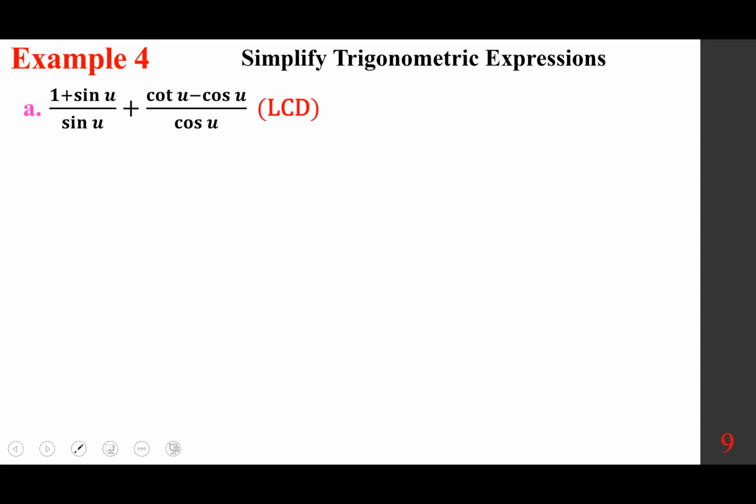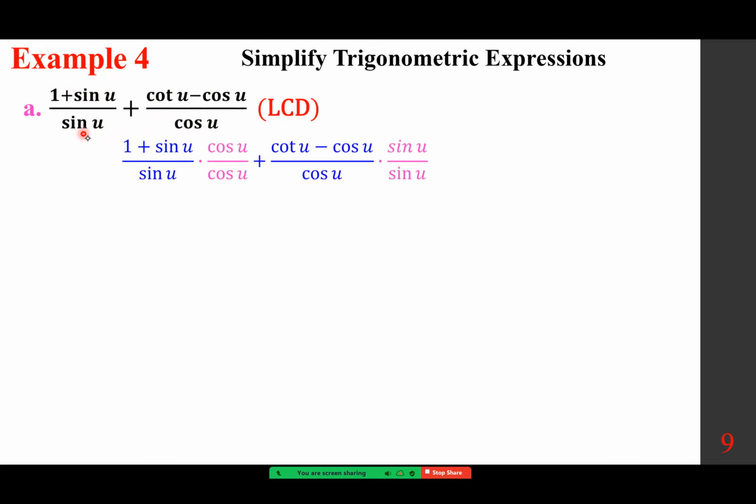Clearly, we are adding two fractions, and the key is to take the LCD. For the two expressions, the LCD is sine u times cosine u. Which means we're going to multiply this one by cosine, and we're going to multiply this one by sine.